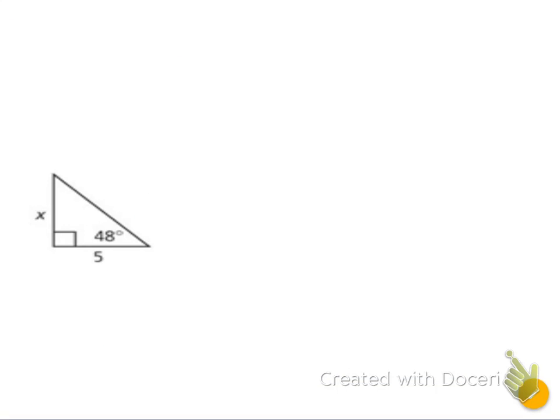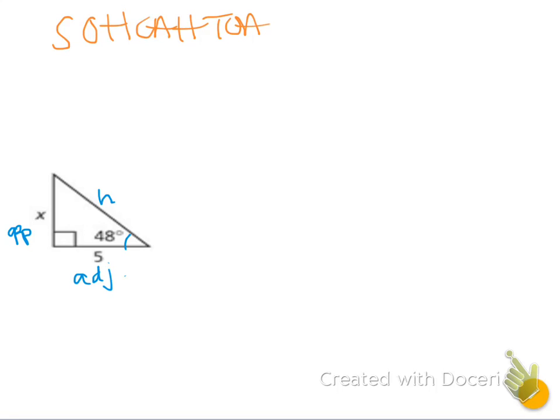Okay, this one is not 45, 45, 90 and it's not 30, 60, 90, so we're going to have to use our SOHCAHTOA and probably our calculator. Right now I am coming from this 48 degrees. This is my adjacent, this is my opposite, and this is my hypotenuse.